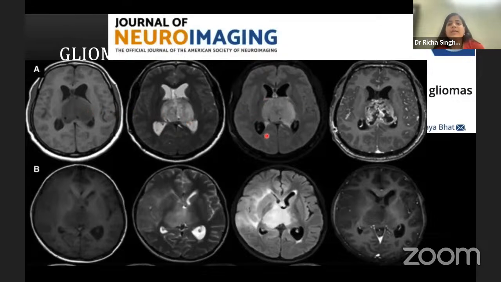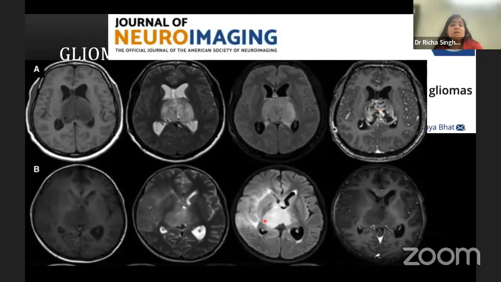Even on the FLAIR, we can see only a minimal rim of edema here. On post-contrast images, there is a thick, solid enhancement with areas of necrosis within the lesion. The necrosis shows the aggressiveness of the lesion. So the intense enhancement and the solid thick pattern of enhancement is characteristic of H3K27M mutant lesion.